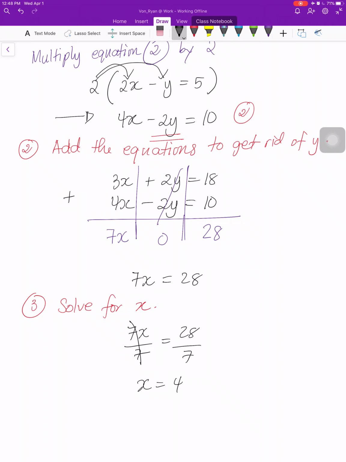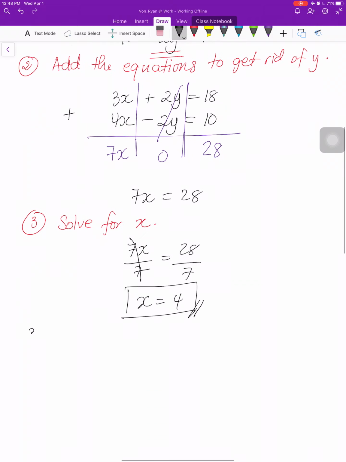And now you just follow the same step from normal elimination. Substitute. In this case, I will substitute it to the original equation 2.